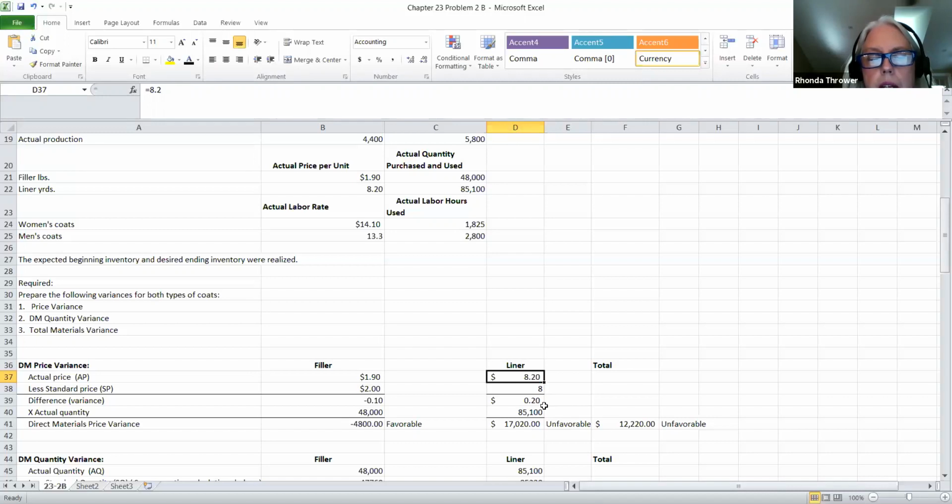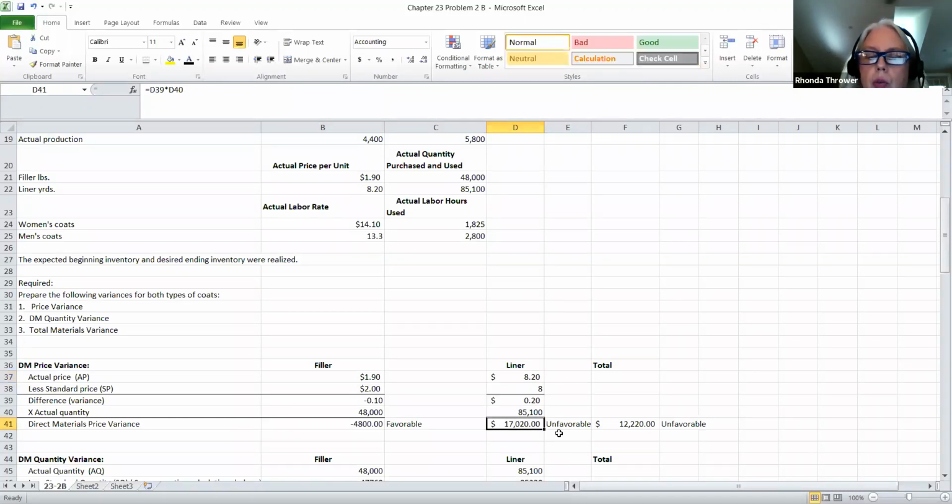That 20 cents has to be multiplied by the actual quantity. And the actual quantity used of the liner was 85,100. We just plugged that in. So 85,100 times 20 cents will give you $17,020, which is unfavorable.